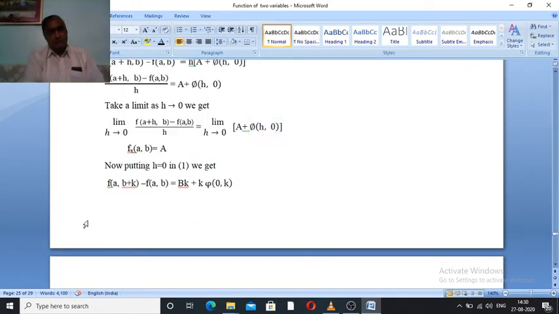Therefore we write here f of a, b plus k minus f of a, b is equal to bk plus k psi 0k.